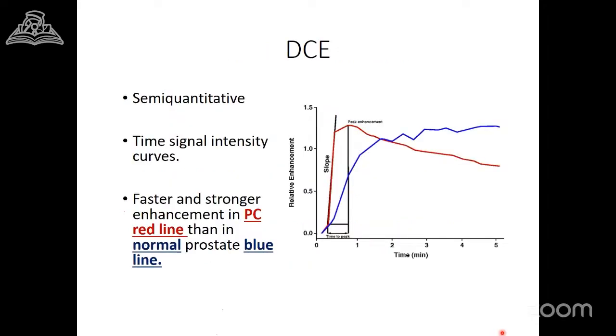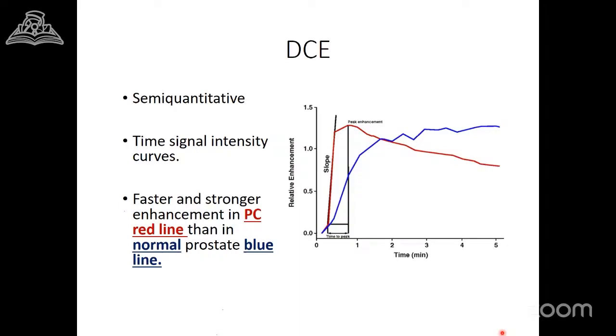Dynamic contrast enhanced MRI can also be analyzed using a semi-quantitative time signal intensity curve. This curve compares contrast enhancement over time between tissues.